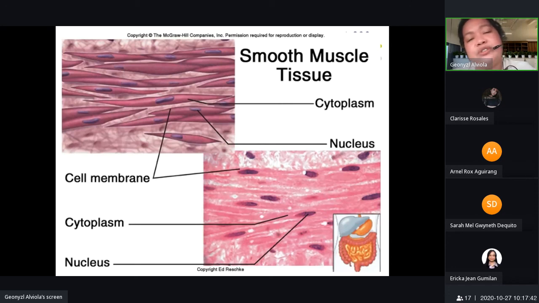The contraction is very slow. And in terms of resistance to fatigue, highly resistant to fatigue. Where can we find this type of muscle? GIT tract, the gastrointestinal tract. Innervation: we cannot control this by our will, so it is involuntary in control. So that is the characteristic of the smooth muscle tissue.